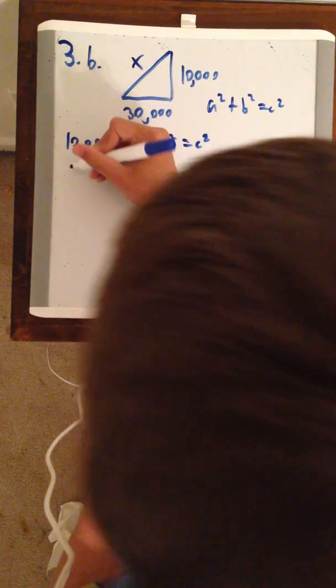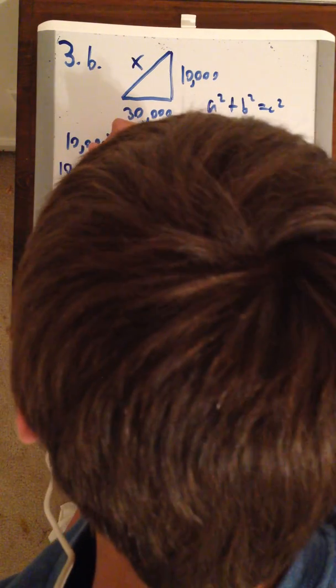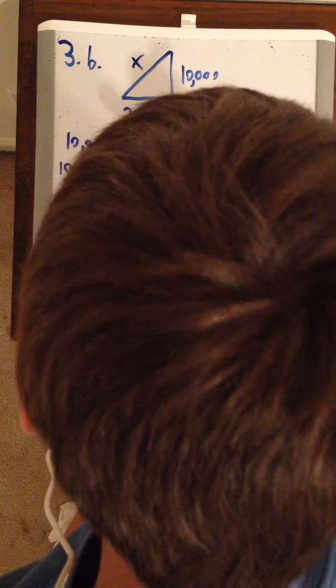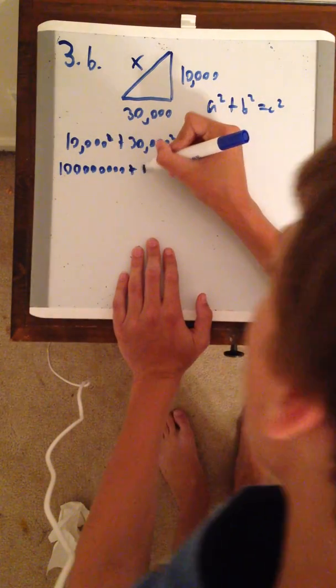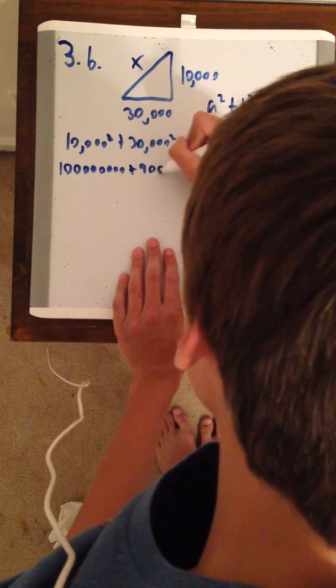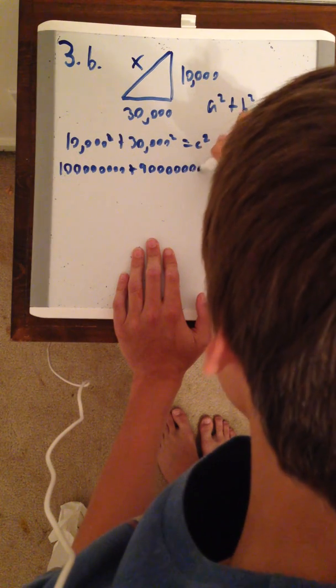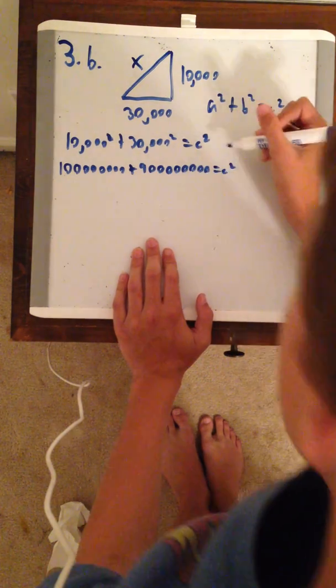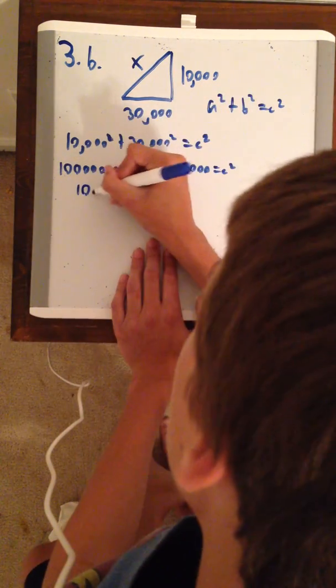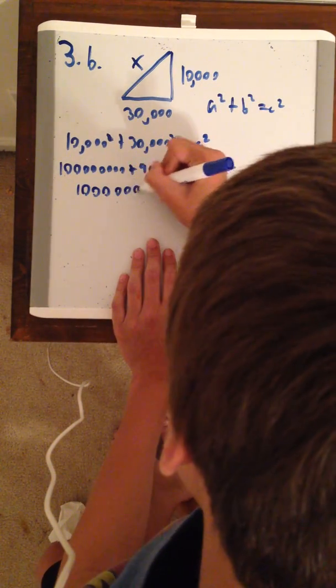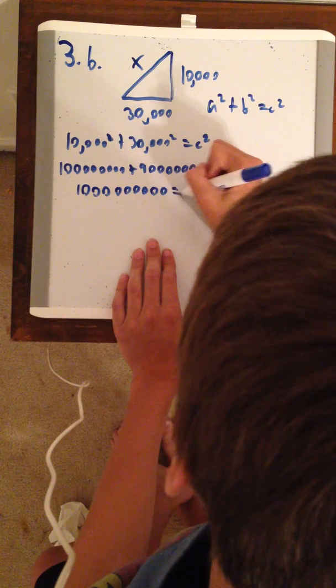So that'll give us 10,000 squared is 1 followed by 8 zeros, plus 9 followed by 8 zeros equals c squared. So then that adds and gives us 1 followed by 9 zeros equals c squared.